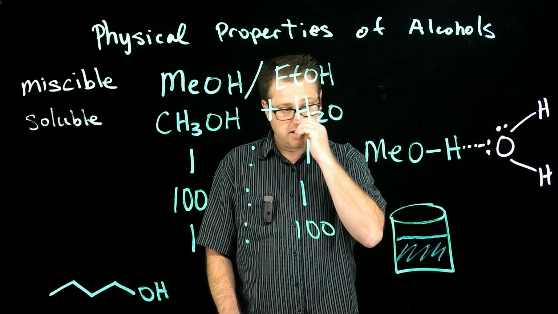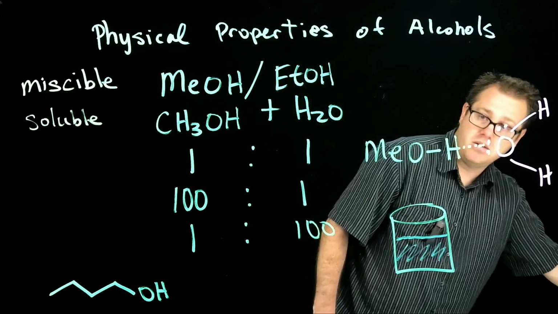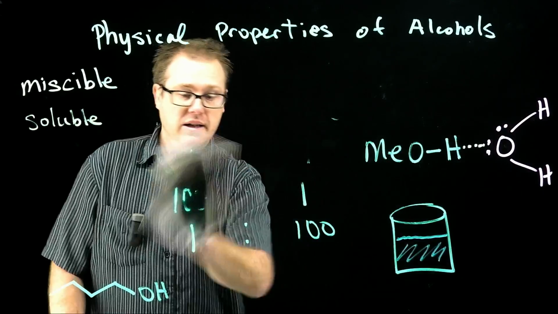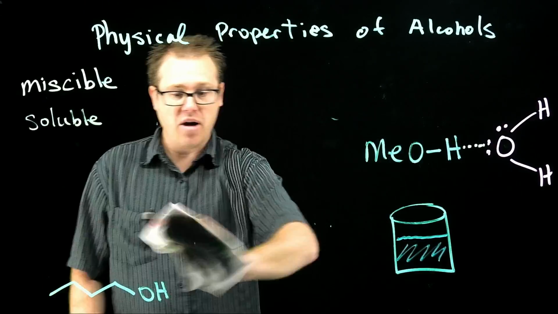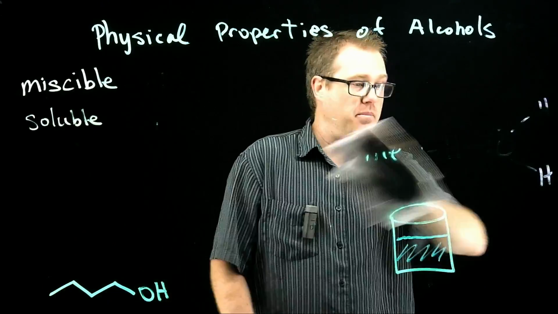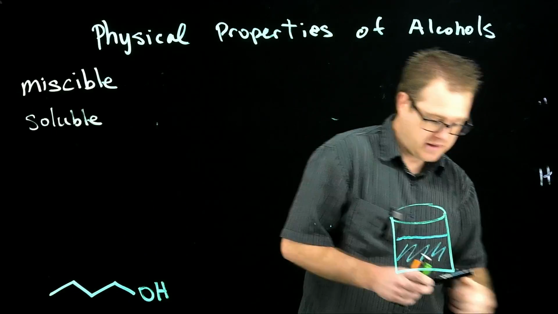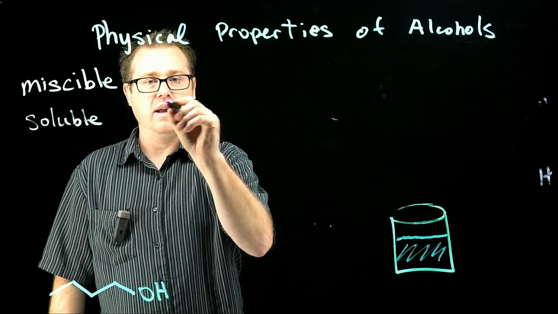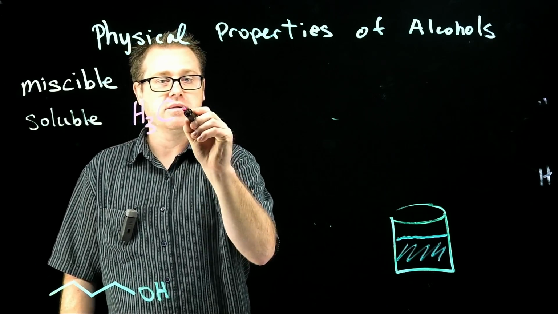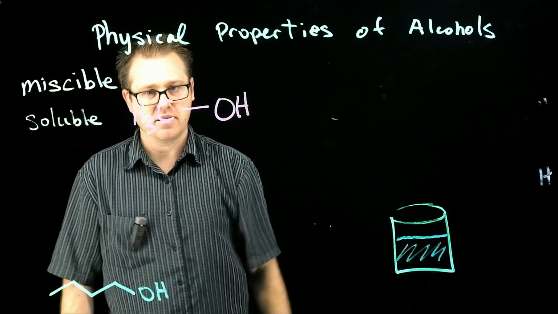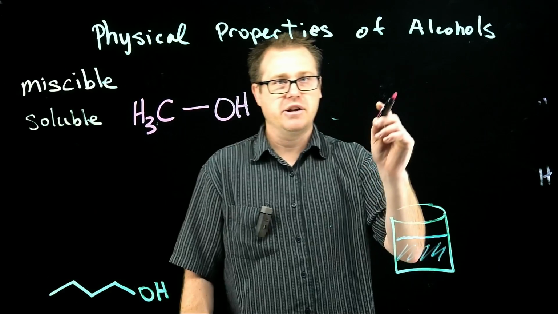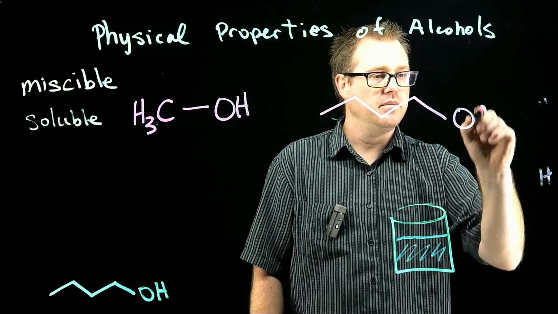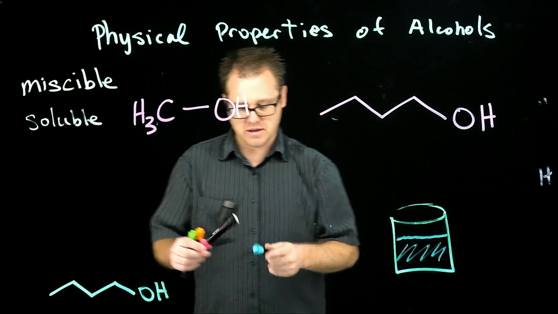And the reason is because when you take a look at butanol, and when you take a look at methanol, let's look at the different parts of the molecule. So when we take a look at methanol, what do we have? We have a CH3 part and an OH part. So that's methanol. Compare that to butanol, 2, 3, 4, 5. Look at this.